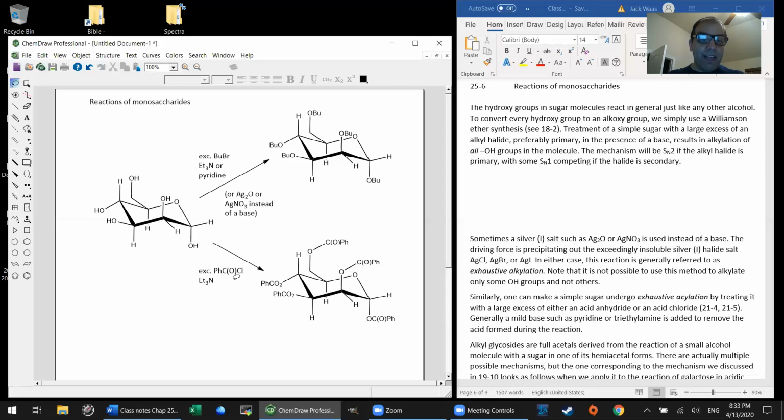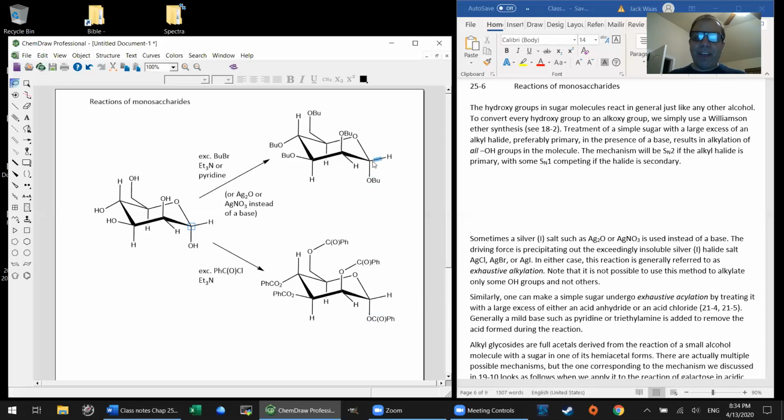In any case, you could treat this with, let's say, an excess of acetic anhydride, and you'll get acetate esters all around. Here I've chosen an excess of benzoyl chloride, and you will get benzoate esters all around. But whatever the corresponding acyl group is, will go in all of them. Do take note, I'm pretty sure you will actually wind up with a mixture of alpha and beta anomers, even if you started with just one of them pure over here. I think you will wind up getting a mixture of either ethers or esters over here.